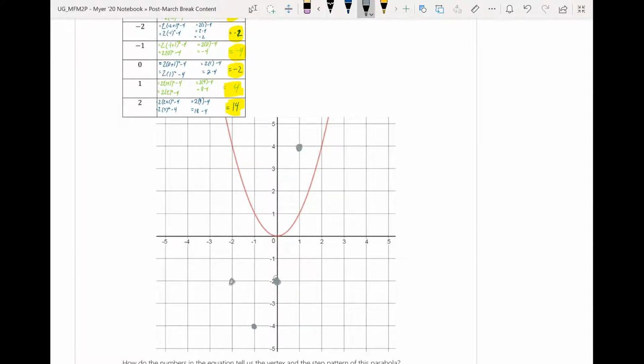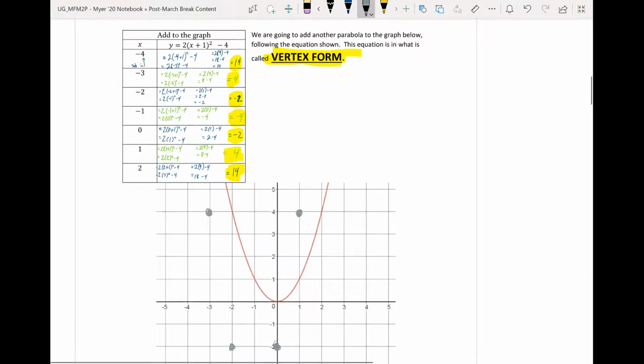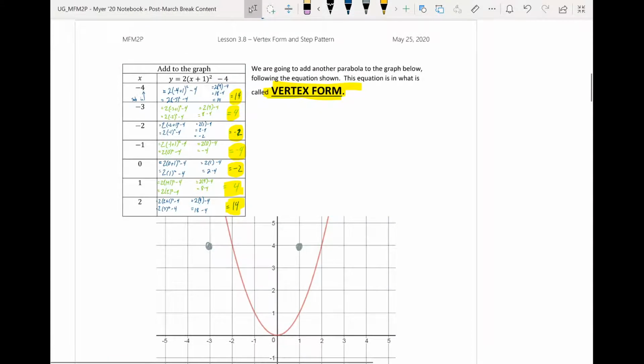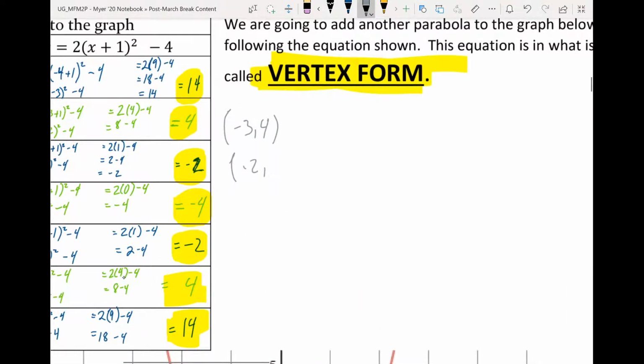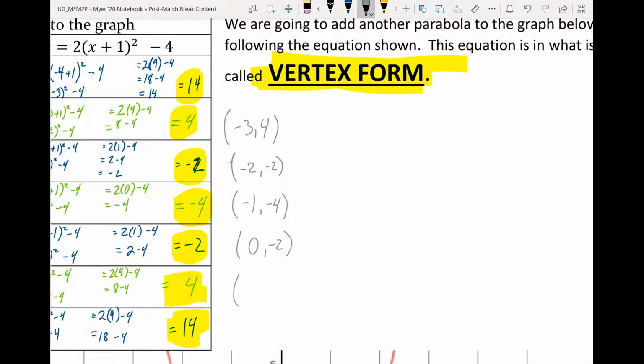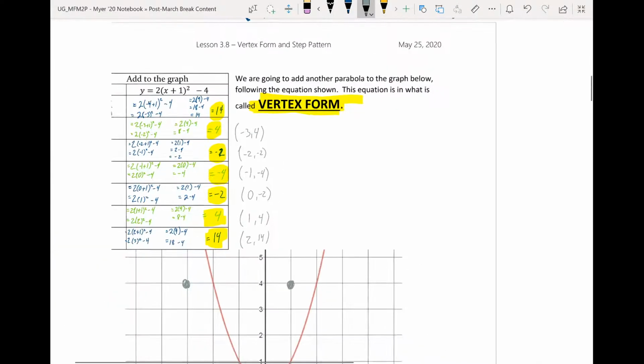And the thing is, it's symmetrical. And we can see that in our points, so that when x is -3, the value is 4. So our coordinates here, we have -3 and 4, -2, so these are giving us x and y coordinates.